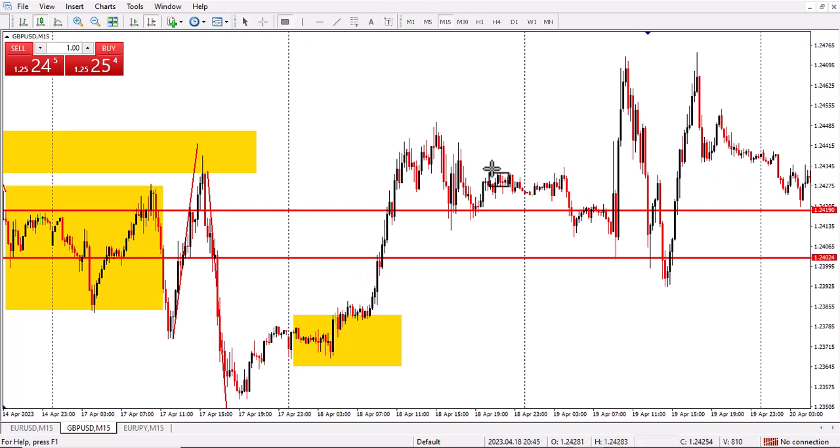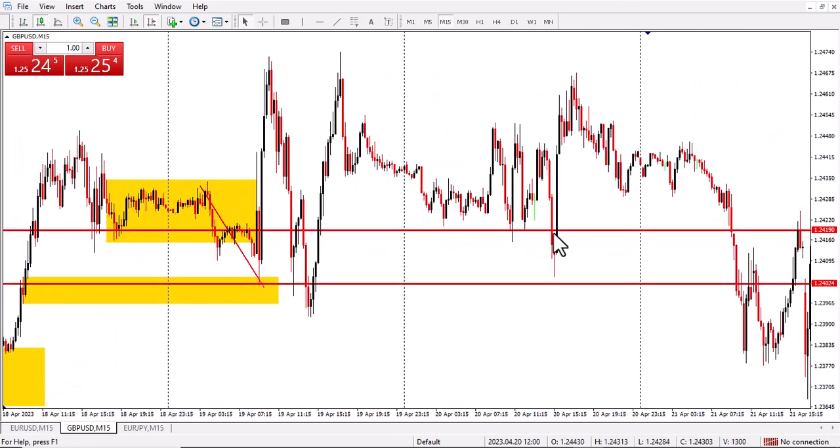Then you come here, we have this Asia accumulation, then we have manipulation that you can clearly see here, price reaching out to this order block in this area. So this was the entry, and this was the distribution of price, as you can clearly see from there.